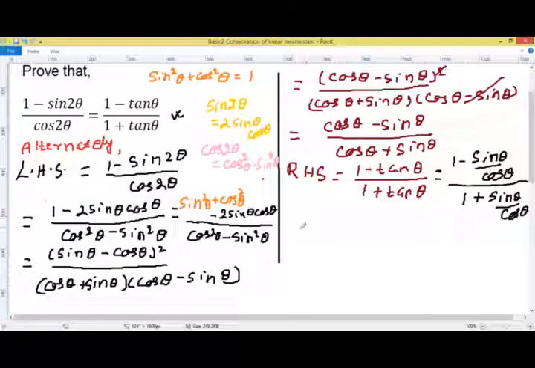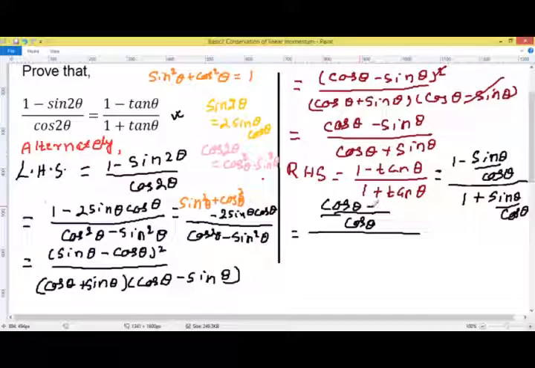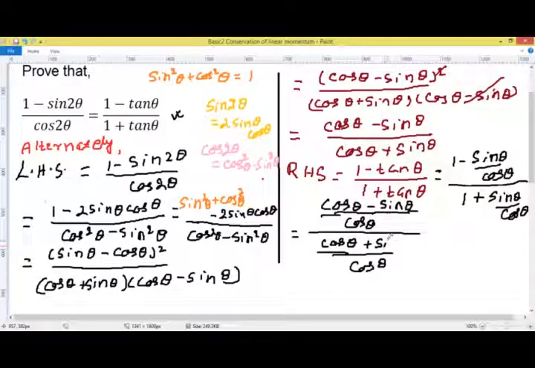Now just do the algebra. If you are working with the numerator part, the LCM is cos theta, so 1 times cos theta is cos theta, and then minus sine theta remains. So you should be properly efficient in working with algebra. Here also we have LCM as cos theta, and it is 1 times cos theta, so cos theta plus sine theta.